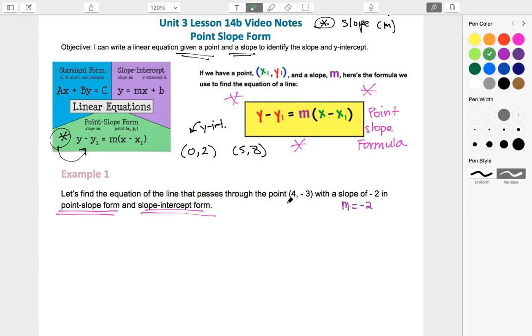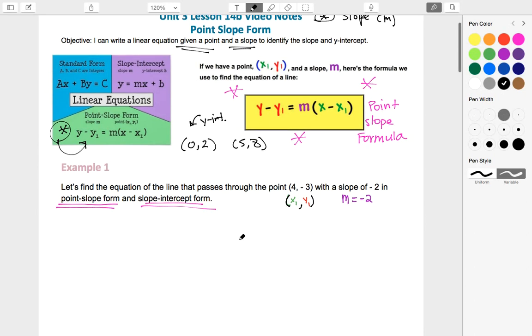So we can go ahead and identify, and just to make the colors match, this could be x1, and this one will represent y1. Okay, so what that means is we can go ahead and substitute our point and our slope into the point slope formula. So here we go.